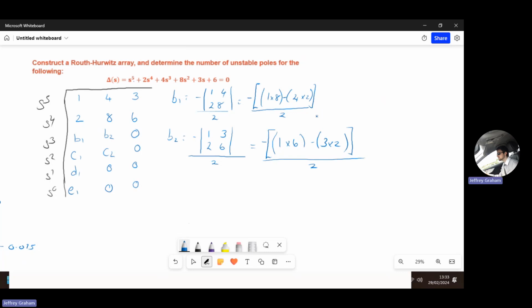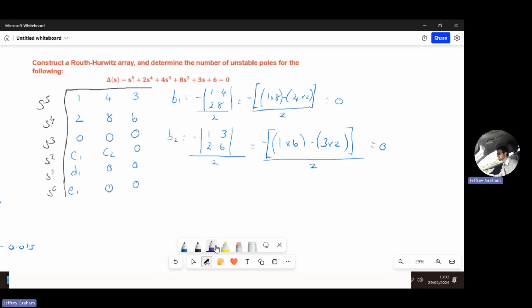Now, hopefully you get a quick glance at these. 8 take away 8 is 0. 6 take away 6 is also 0. Obviously, that's the whole point of this particular example. Right, so in go 0 and 0.